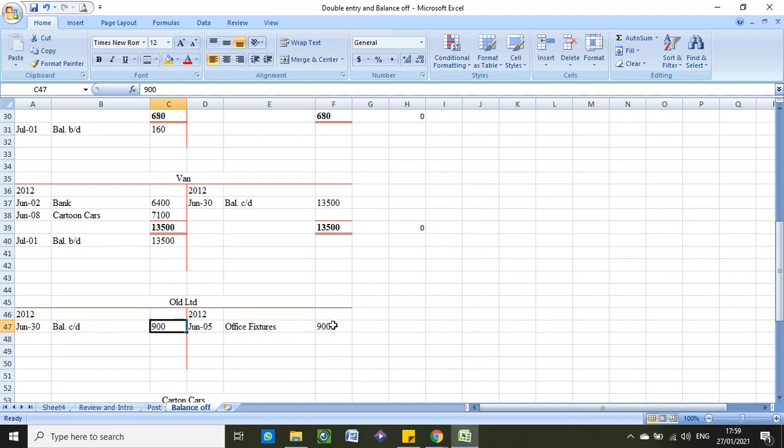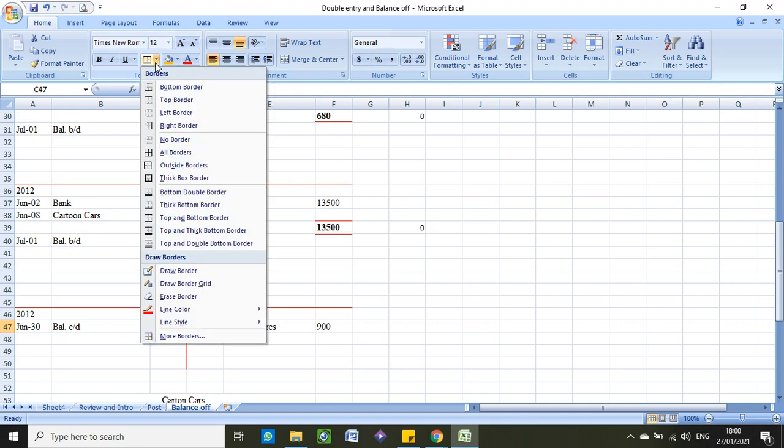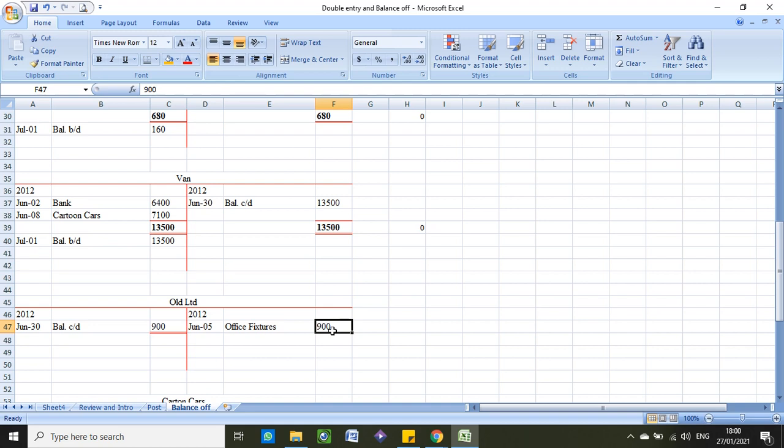At this point here, the $900 is already on the same row, so there is no need for us to go ahead and single line, add, and then double line again, similar to what we were doing here, because the two numbers are on the same row already. So I will just go ahead and double line here, and double line there.